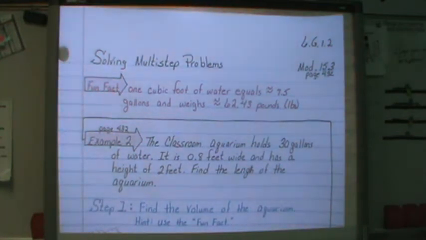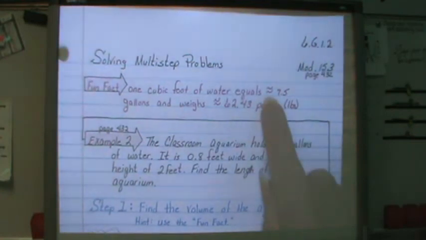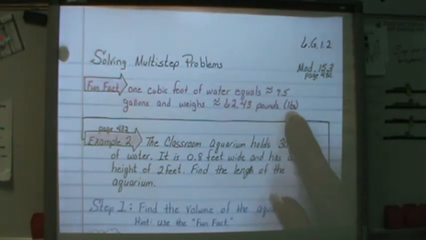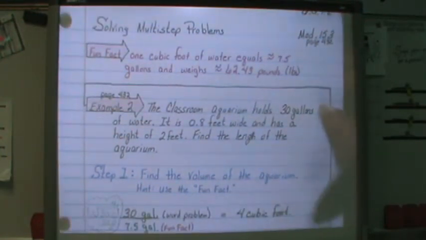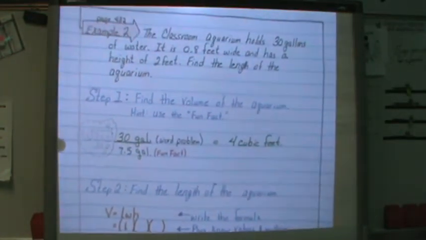The fun fact is 1 cubic foot of water equals approximately 7.5 gallons, and it weighs approximately 62 43/100ths of a pound. And I also did the abbreviation here, LBS, just so you get familiar seeing that pounds means the same thing. Now I'm on page 432 of the book, and this is the example.